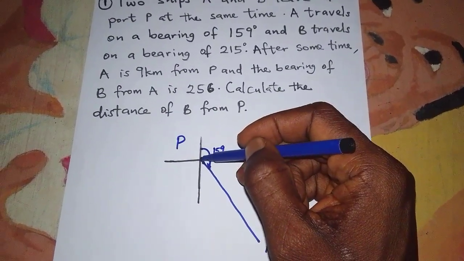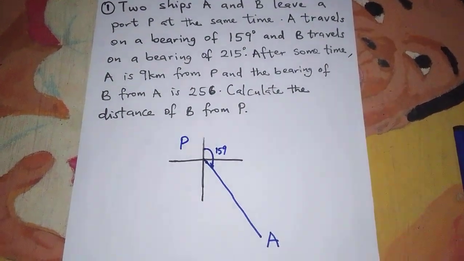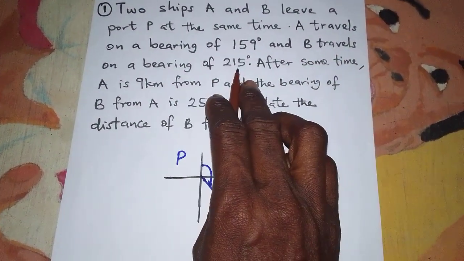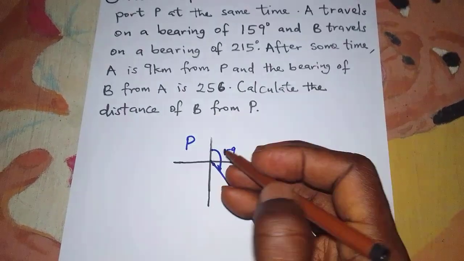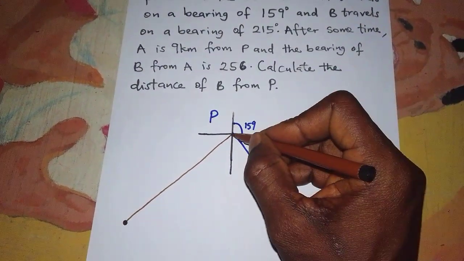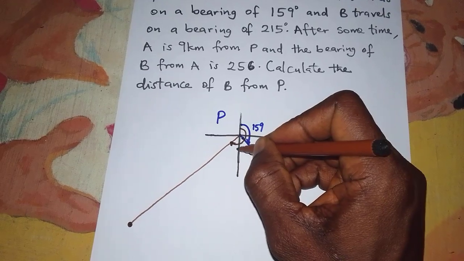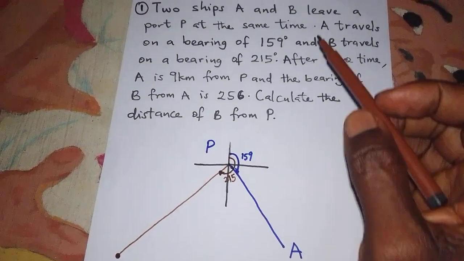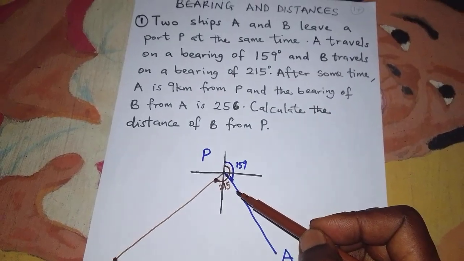The first one travels on a bearing of 159, and the second one, B, travels on a bearing of 215 degrees. 215 degrees is in the third quadrant, so from the north up to where this line is, is 215 degrees.